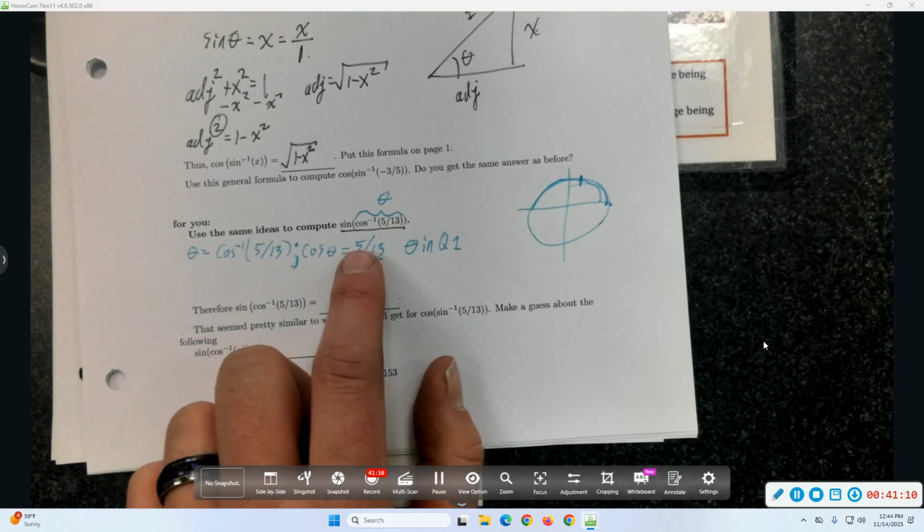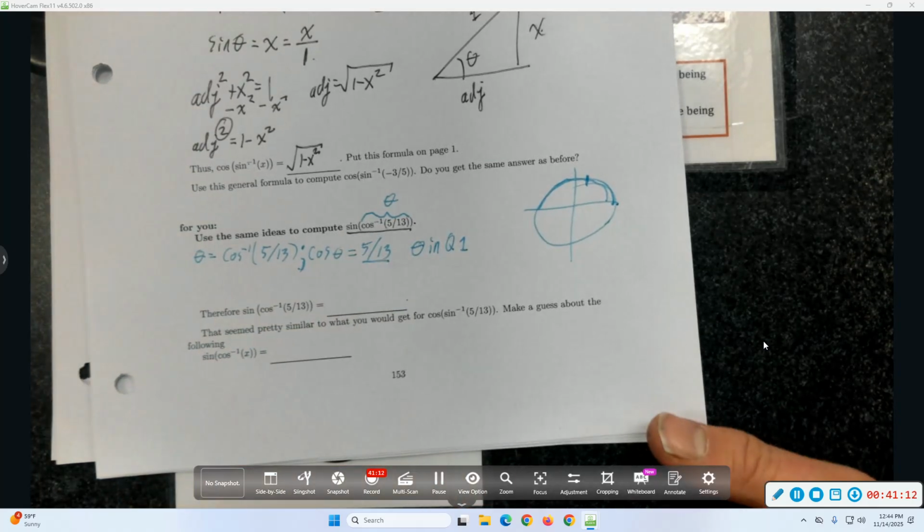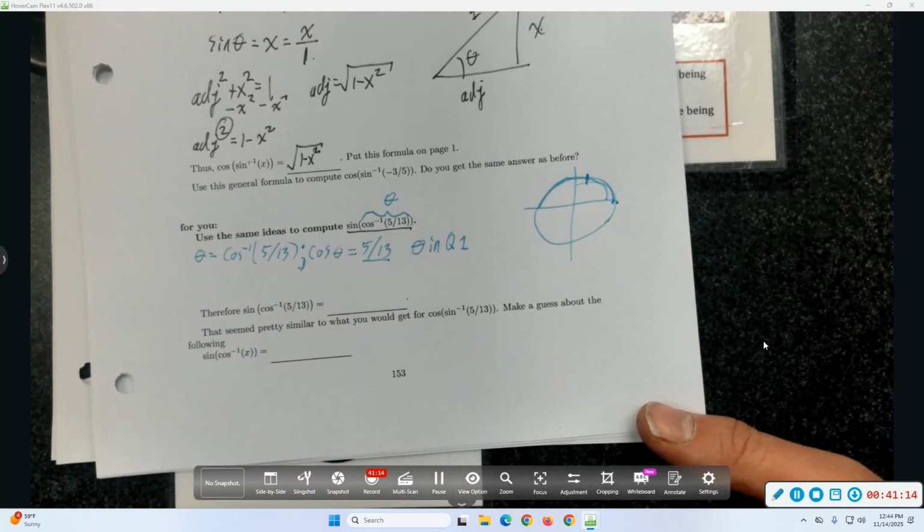So the end answer, sine of the inverse cosine of 5 over 13, do I expect the answer to be positive or negative? What's the value of sine in quadrant 1? Positive. In fact, in quadrant 2, it's also positive, isn't it? Okay, so sine of inverse cosine is always positive.